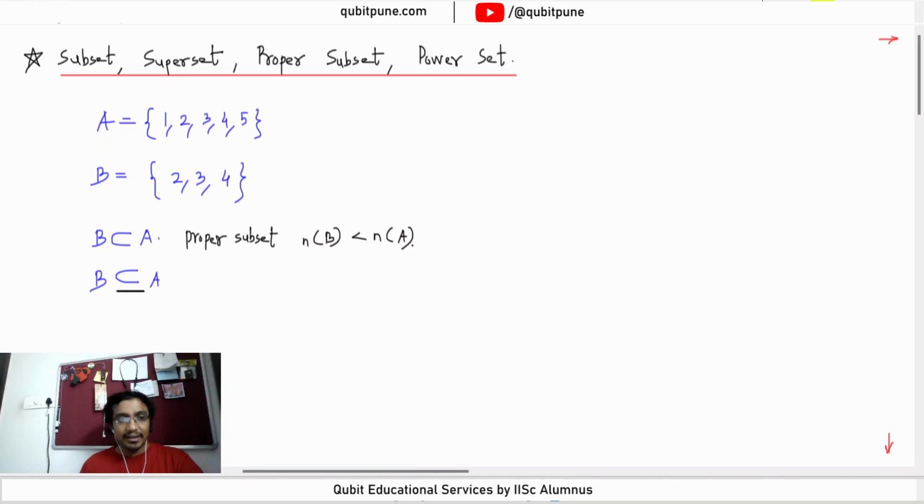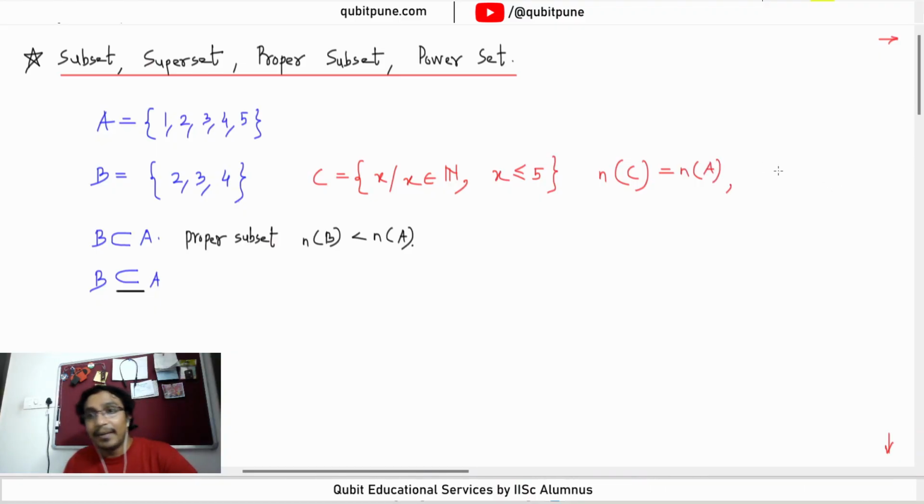But if my set C is the set of all those natural numbers less than or equal to 5, then C also becomes a subset of A. But here the number of elements in C is equal to the number of elements in A, and the elements present in C are exactly the same as those present in A. So we still write C as a subset of A, but we want to emphasize that C contains all elements present in A and nothing more.